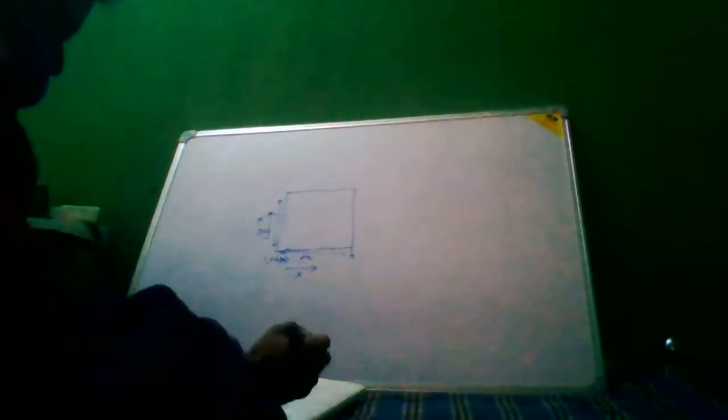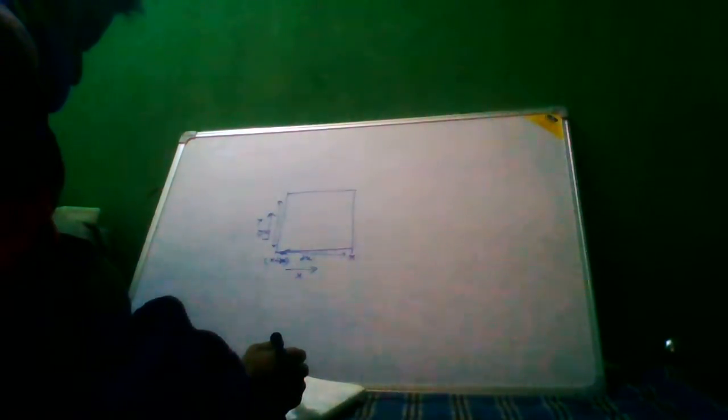So if we consider that this is the x point, the other point will be x plus del x, and if we consider this point as y, then this point will be y plus del y.